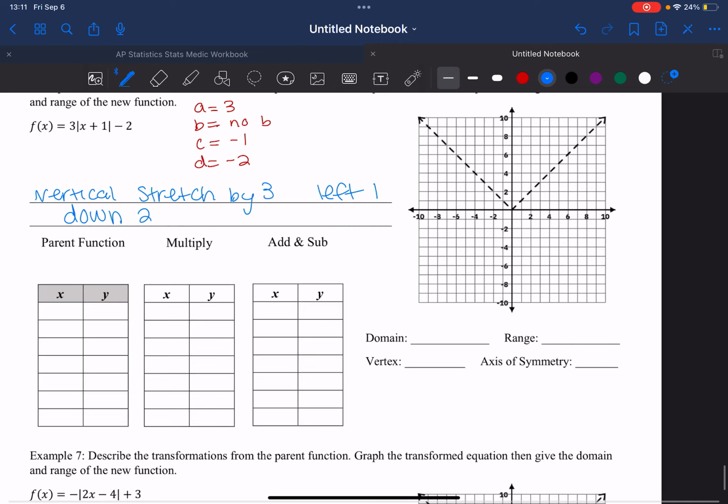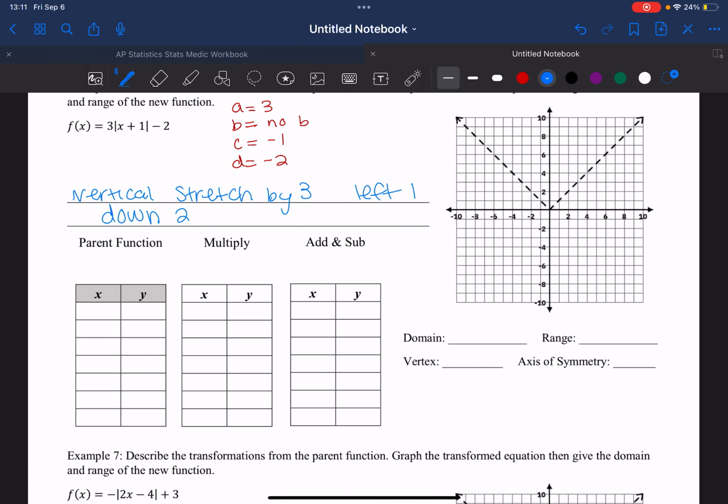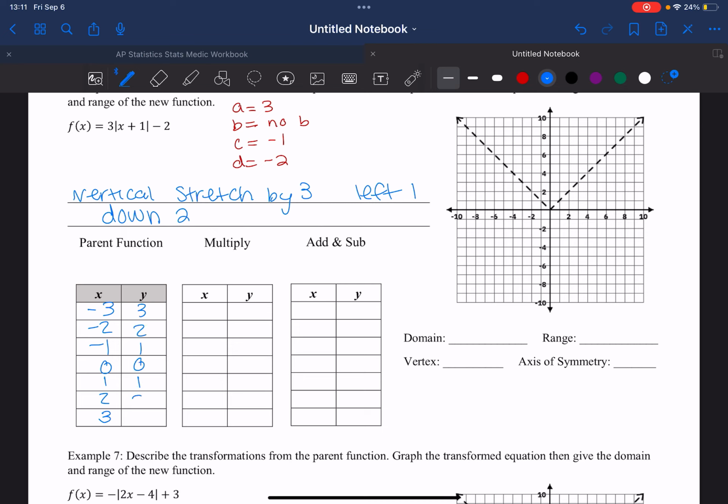So in order to see this on our graph, I need to start with my parent function. So this is on the front page. I'm just copying down exactly what it says. And then, since I had a vertical stretch by 3, if we look back at our little note section, that tells me that I'm going to have to multiply my y's by 3, so 3y.